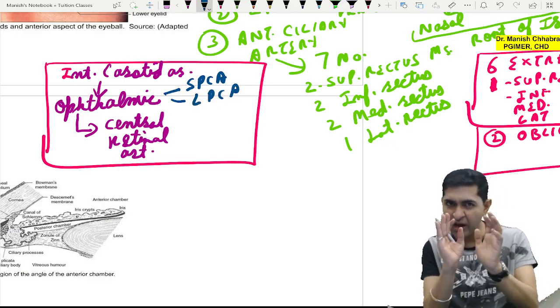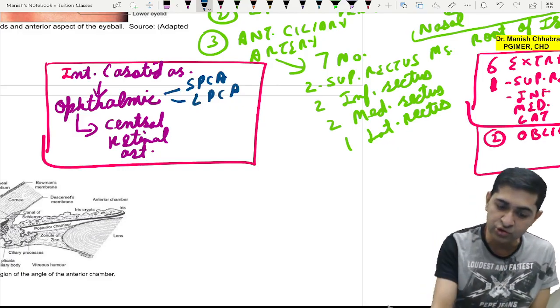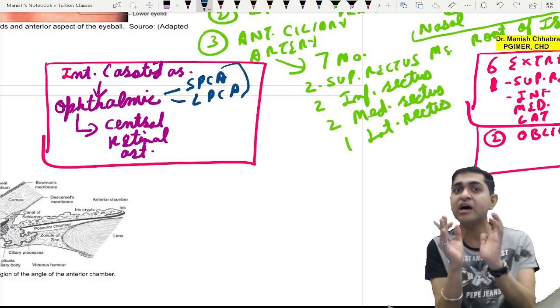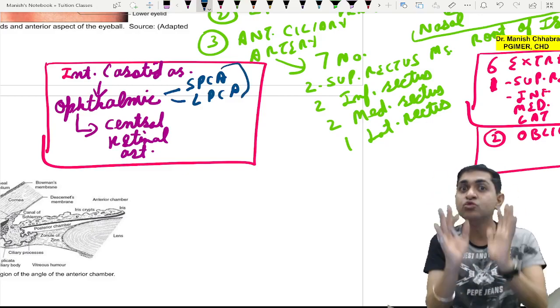Okay, so I hope you are able to now connect the dots. The short posterior and long posterior ciliary arteries are the blood supply of the uvea.